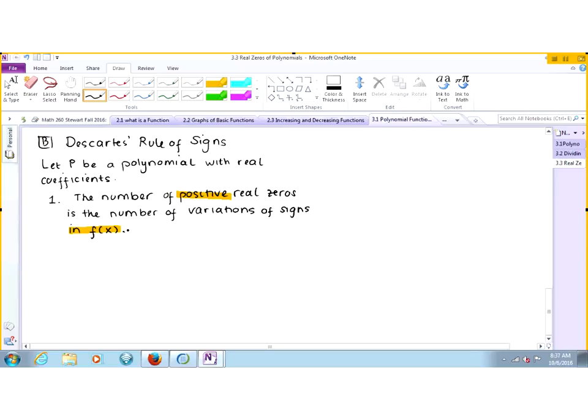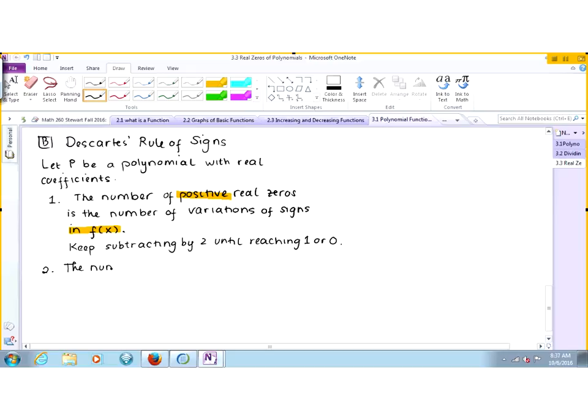And then the book says, or is less than that by an even whole number. But instead of writing that, I'm just going to say keep subtracting by 2 until reaching 1 or 0. Okay, I think that's really easier to understand than or is less than that by an even whole number.